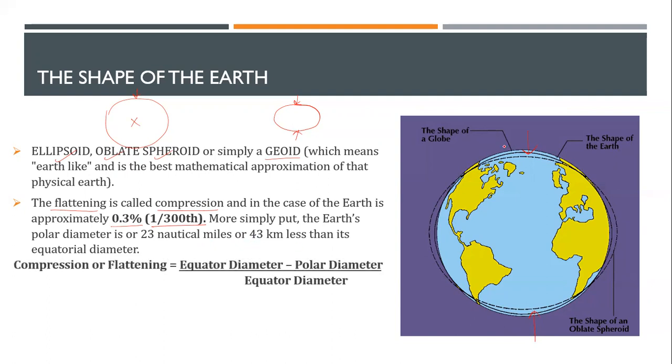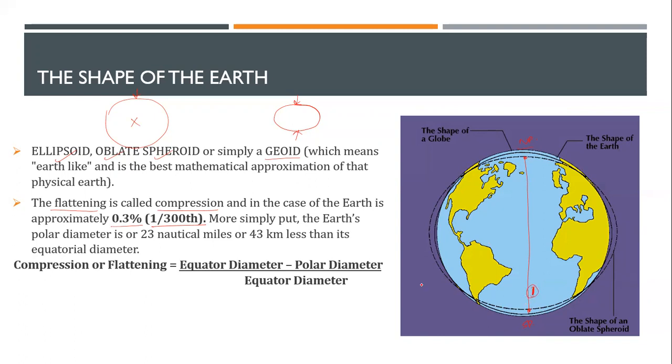Basically, we know something called the North Pole and the South Pole. If you don't know, then I'll explain in the coming slides. But here, something exists like the North Pole and South Pole. Those are the extremities that you can go up and down. If we connect these 2 points, the North Pole and the South Pole, this line is known as the polar diameter. Let's call it number 1.